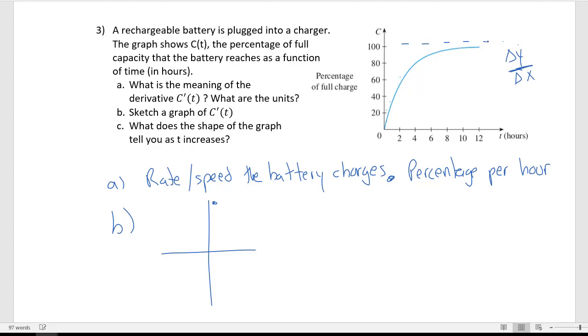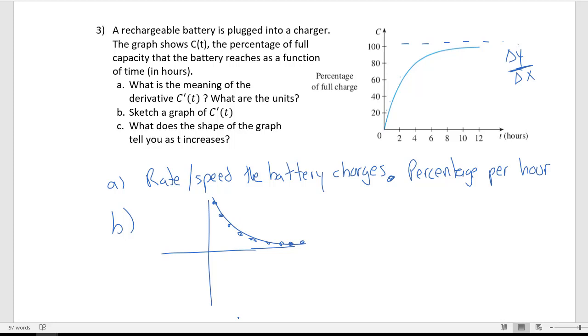So the slopes stay positive, but they get flatter and flatter. The slopes never really reach zero if this is an asymptote, but they do get really, really small. And there's a horizontal asymptote in that manner. So there's the graph of our derivative.